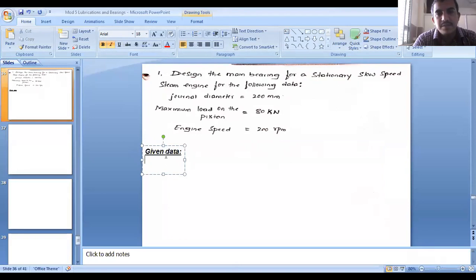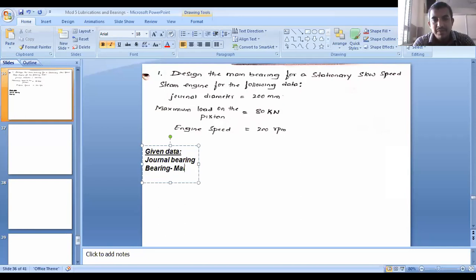Design the main bearing for a stationary slow speed steam engine for the following data. And journal diameter is 200 mm. Now what type of bearing is it? It's a journal bearing. Design the main bearing of a stationary slow speed steam engine. The type of bearing is given. The journal bearing, what type of bearing?